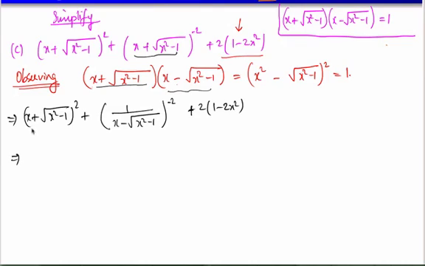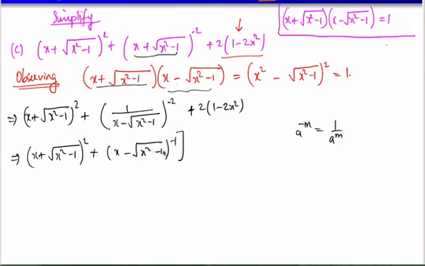Okay, now let us proceed further. Next step would be, I just write this as x plus root of x square minus 1 the whole square, and here we can use this property, a raised to minus m is 1 by a raised to m. So 1 by a raised to m, I can take above as x minus square root of x square minus 1 the whole raised to minus 1, and the whole power minus 2. When I take the reciprocal above, that is 1 by a, I am writing 1 by a as a raised to minus 1.